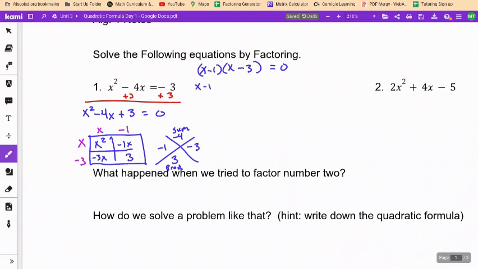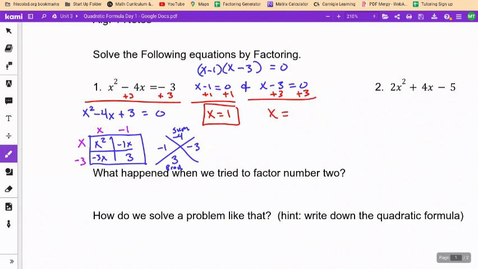We know that x minus 1 has to equal 0, and x minus 3 also needs to be set equal to 0. Now I simply solve both equations. So I add 1 there, so x is equal to a positive 1, and then I add a 3 here to both sides, and x is also equal to positive 3. So those are my two solutions.